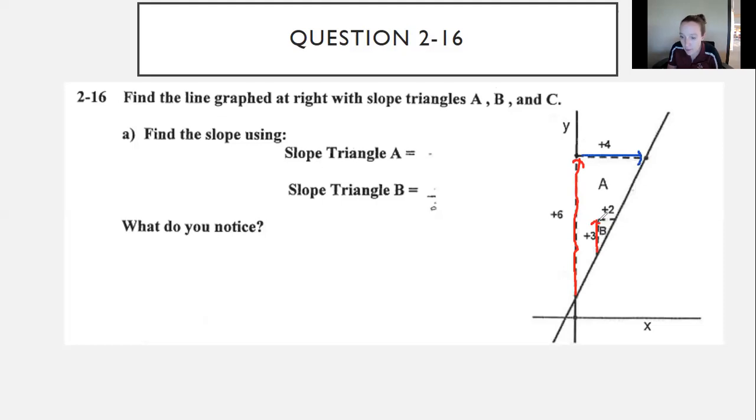And on this one, I went over 2. So I want you to think about what's the change in y divided by the change in x for the big triangle A, and then write out what's the change in y divided by the change in x for the little triangle B, and then give us a sentence. What do you notice about those 2 slopes and this one line? Make sure that you write your answer in, and we're going to check that one in class.